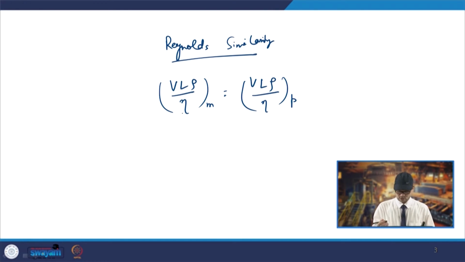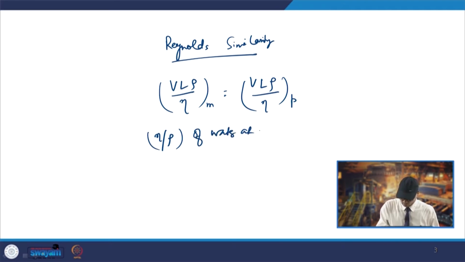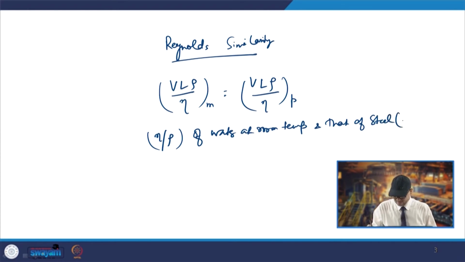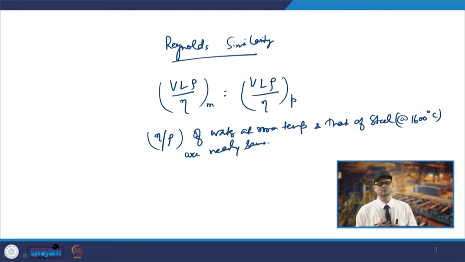So, in that case, eta by rho of water at room temperature and that of steel at 1600 degree centigrade are nearly the same. So, what we get out of this similarity principle is Vm and Vp, and similarly Lm and Lp.